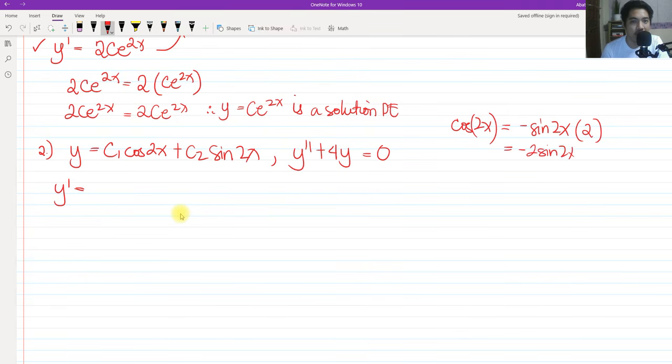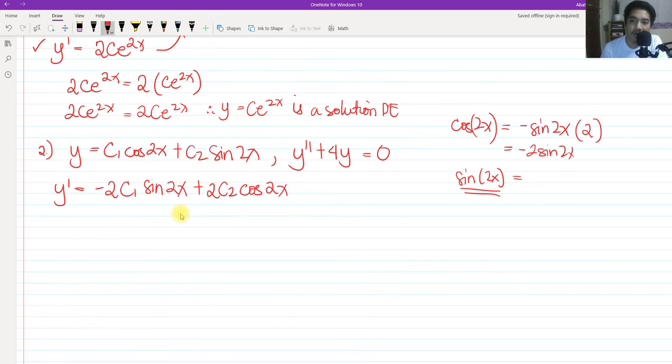But in this case, we have a constant, so we have negative 2 c sub 1 sine 2x. The same thing that we are going to do here: this would become plus, because the derivative of sine 2x would be cosine 2x. So 2 c sub 2 cosine of 2x. Again, the way we differentiate sine 2x is actually what?